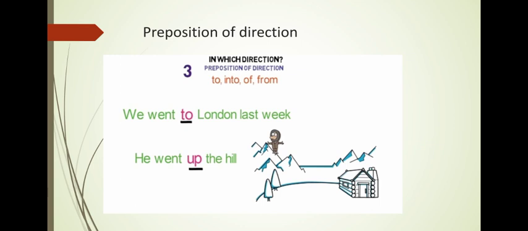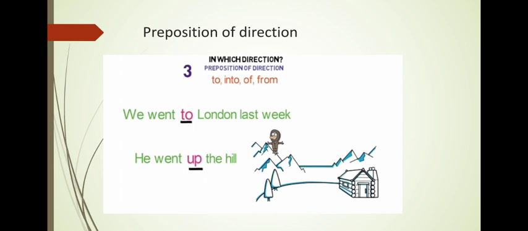Then the last one, preposition of direction. We went to London last week. Here it is telling us where we are moving, or in which direction. So where did we go? We went to London last week. Now in the second example, he went up the hill.